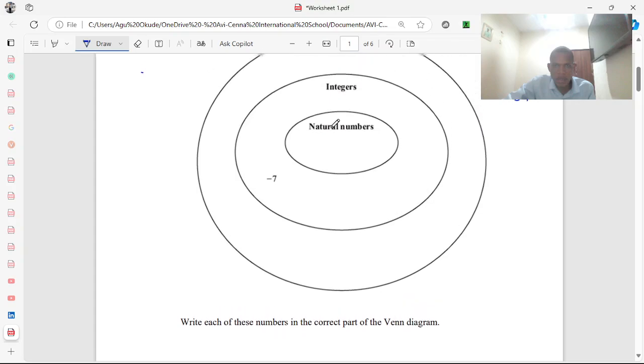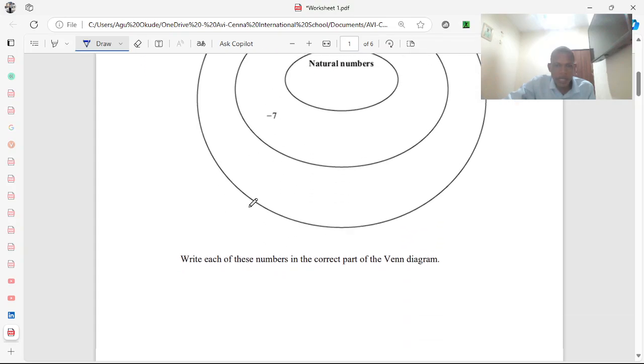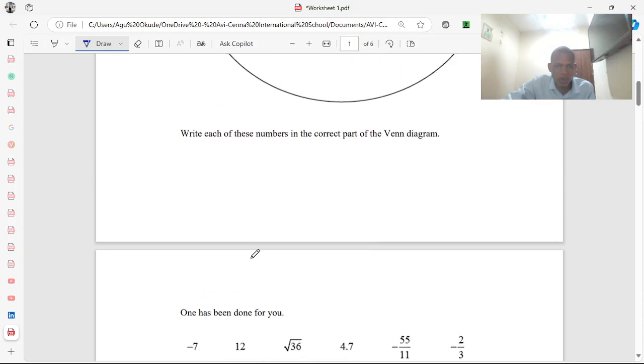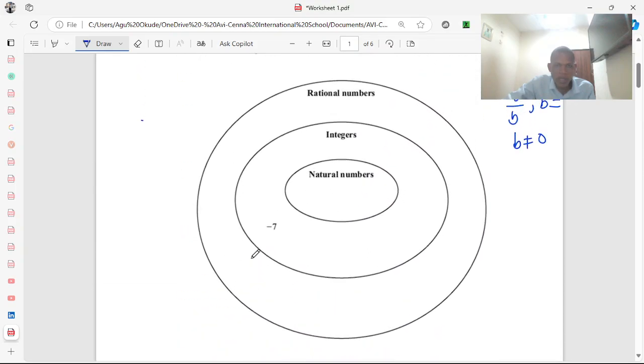They are called natural numbers. Now let's do the next one, 12. Where should I place 12? Because 12 is a whole number, it is under natural, so 12 will come here.